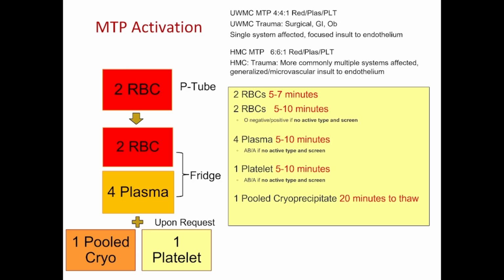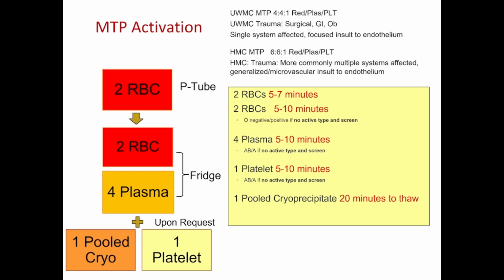There's a reason for this: usually the patient population at Montlake is more surgical, GI, OB, so it's a single system affected, more like a focused insult on the endothelium. At Harborview Medical Center, more commonly multiple systems are affected, a generalized microvascular insult to the endothelium.